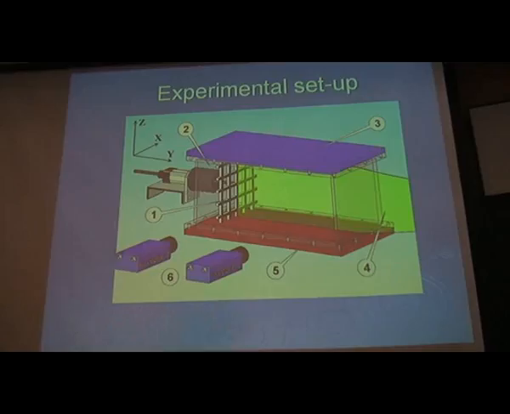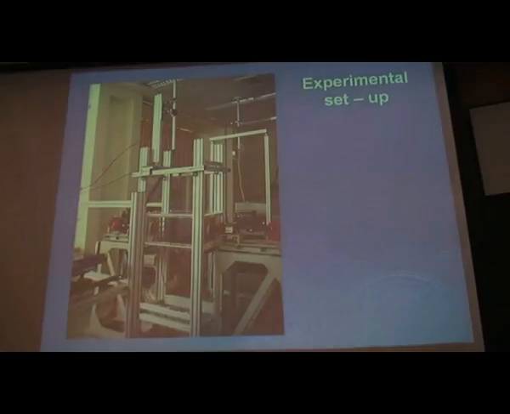What do we actually observe? This is our experimental setup. You can see this box. We can heat the lower wall, and we've got cold water on the upper wall.